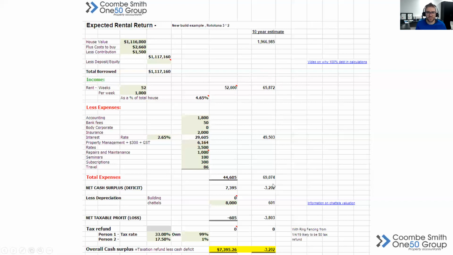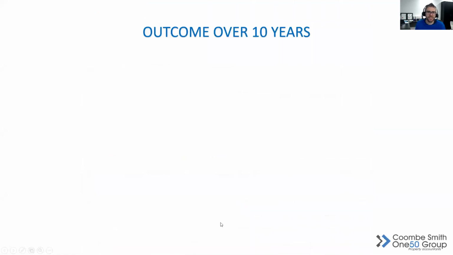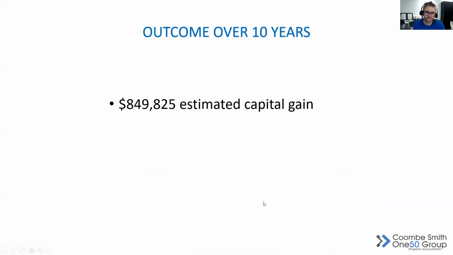So in my 10th year, being miserable, saying that we pay off no debt and just keep it exactly at the 1.1 million debt, it's going to run at a small loss. So good things with that is without paying down any debt. So what you're really looking at overall 10 years is we're estimating an $840,000 capital gain.